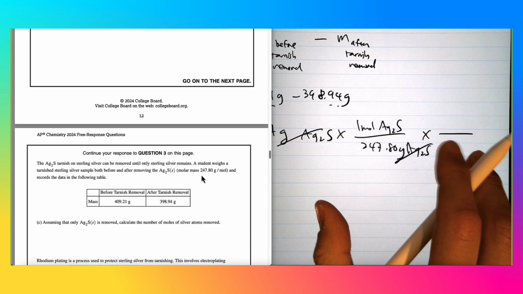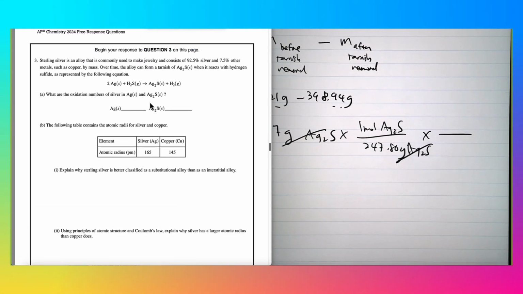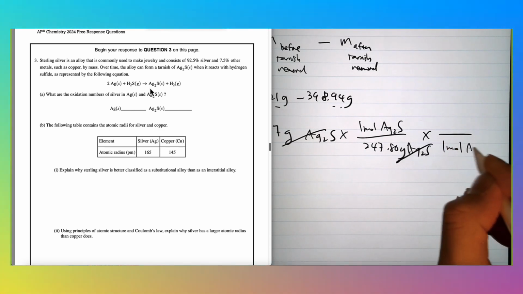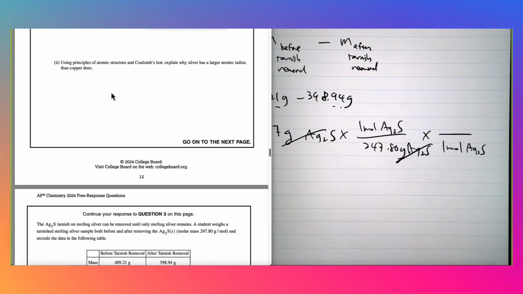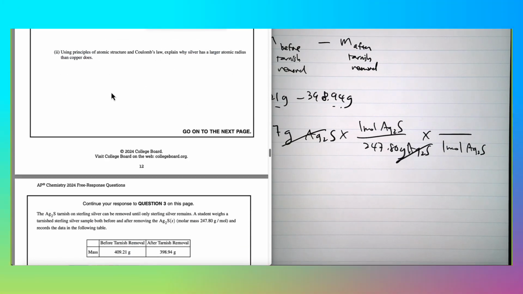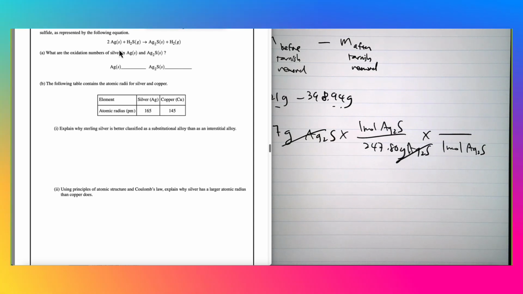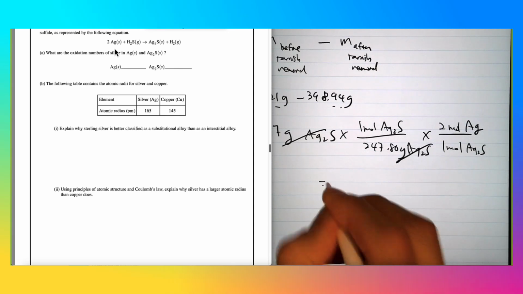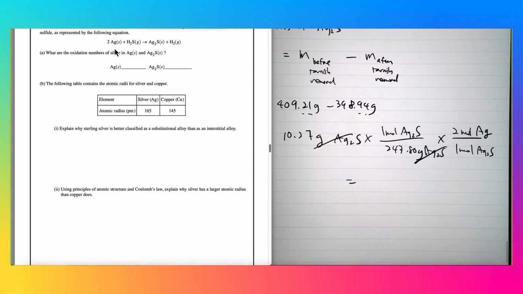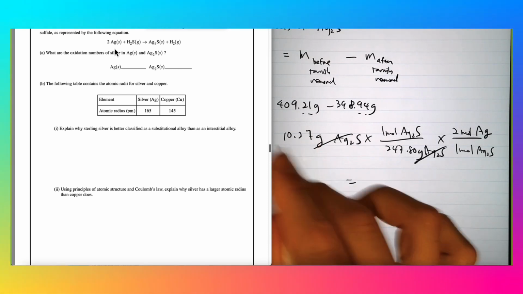And we multiply that with the balanced chemical reaction. So every 1 mole of Ag2S removed, then we are also removing 2 moles of Ag. So it has a relationship of a 1 to 2 ratio. So we write 2 moles of Ag. So you put it in your calculator. Again, we're going to get 4 sig figs here.